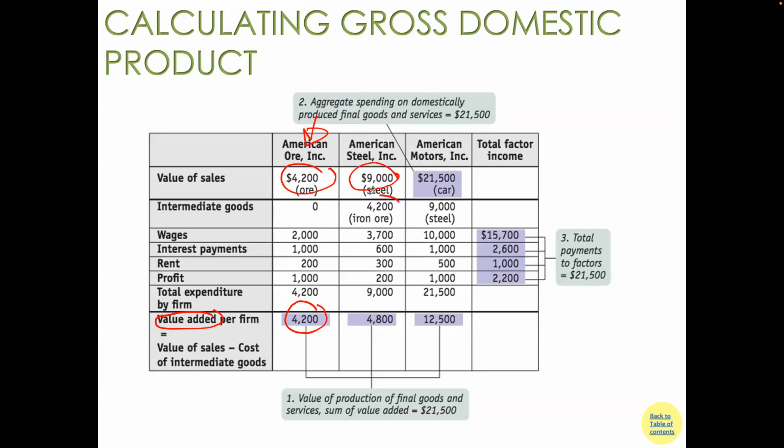But they use these as intermediate goods. You need to subtract, and hence you get this one. To be precise, this is equal to 9,000 minus 4,200. And similarly here, you have 12,500. And then you just add these together, you're going to get the same number.